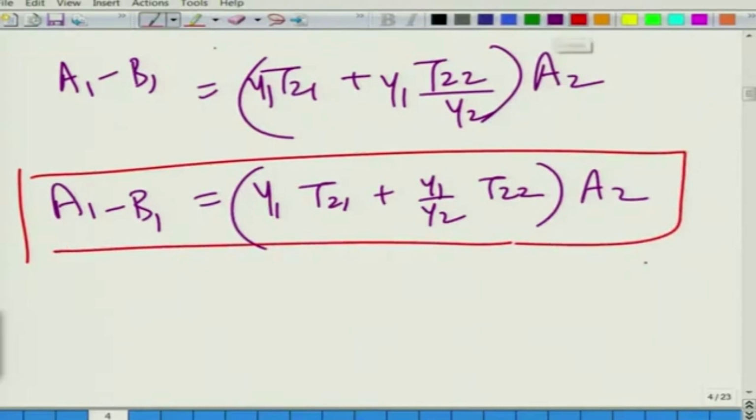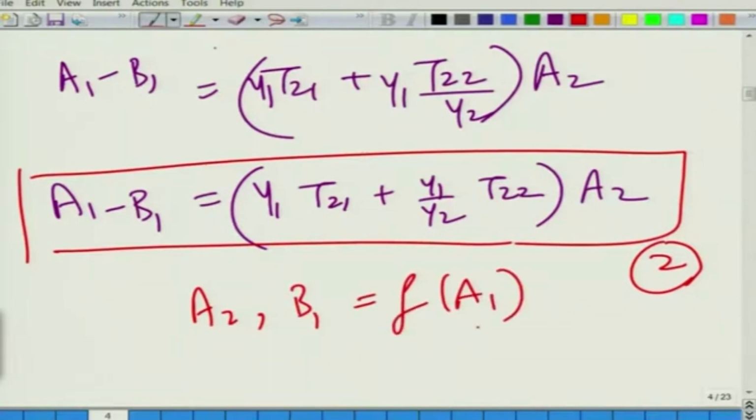This is equation 2. So, what do we need to do? We need to find A2 and B1 as a function of A1.